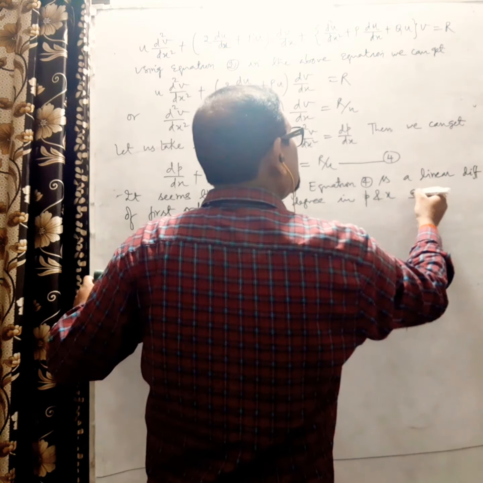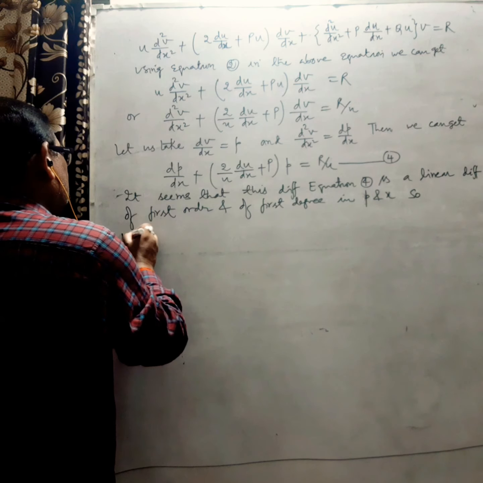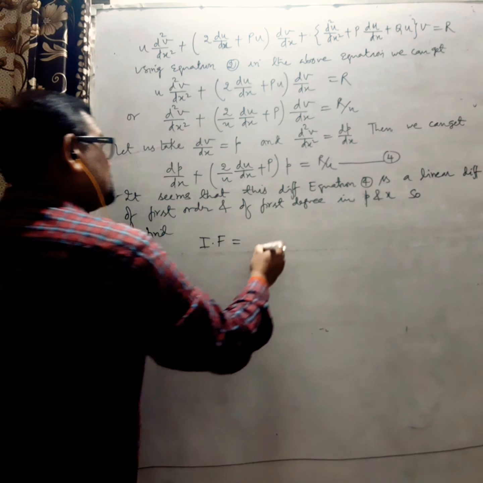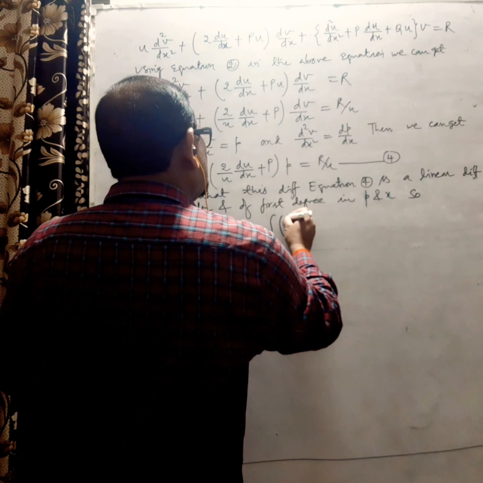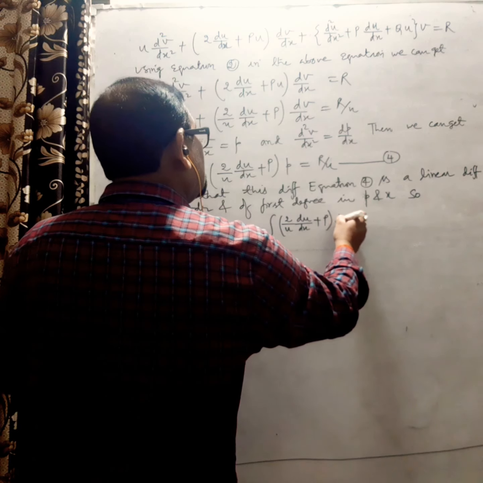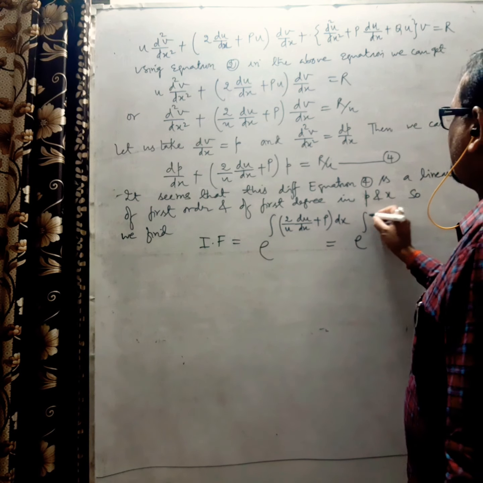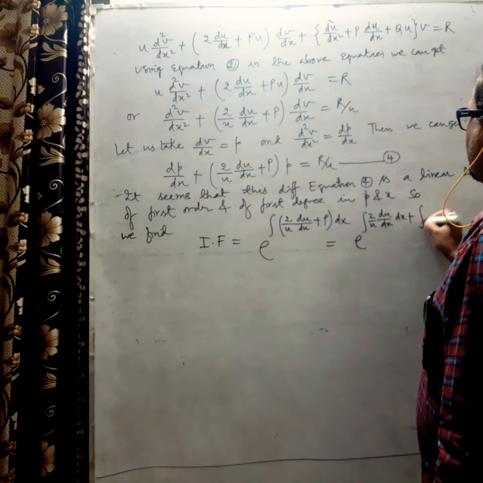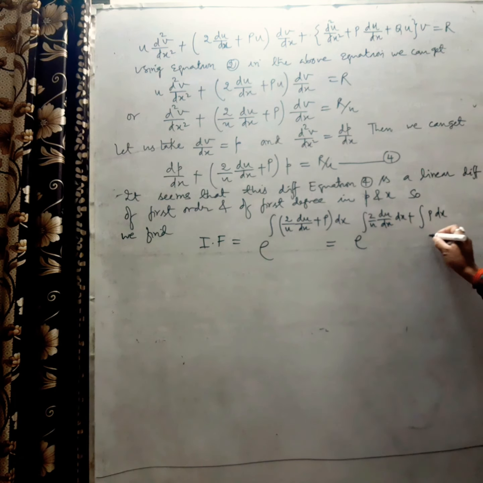So we find the integrating factor, IF, it is e to the power integral of 2 upon u du upon dx plus P dx, and this can be written as e to the power integral 2 upon u du plus integral P dx.